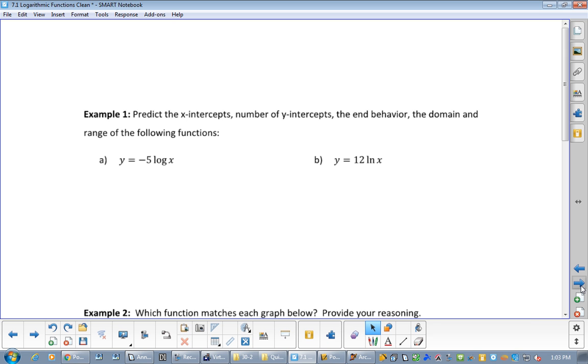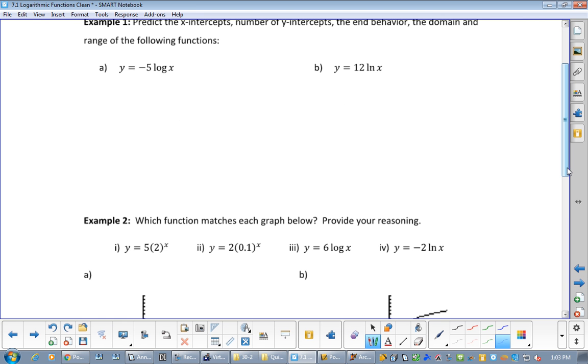Okay, predict the number of x-intercepts, y-intercepts, the end behavior, the domain, and the range of the following. So I've just been beating this to death without going to our calculators. Where will this one start and where will it end? Why? Because it's negative. So what is the x-int? 1 comma 0.